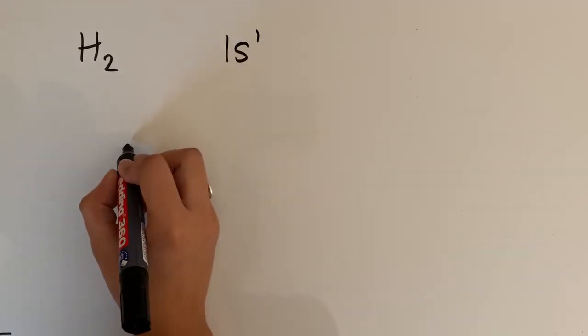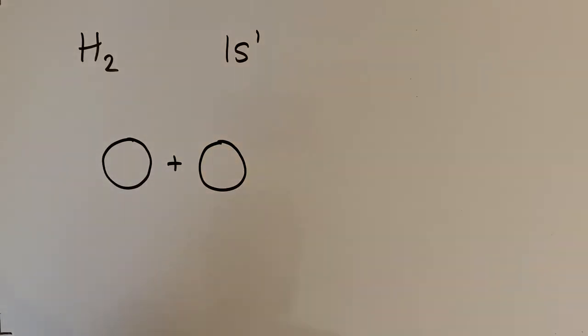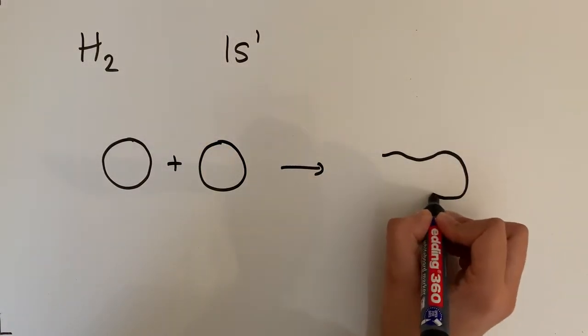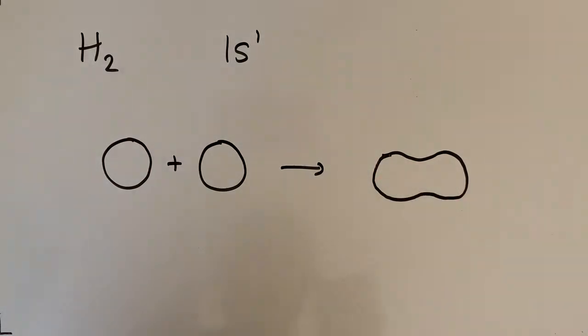In H2, those s orbitals will overlap to form the covalent bond. Okay, so those two electrons can now be found anywhere where those two s orbitals have overlapped. So they can be found anywhere in this electron cloud over here.